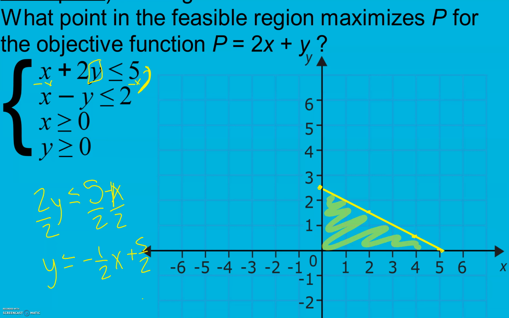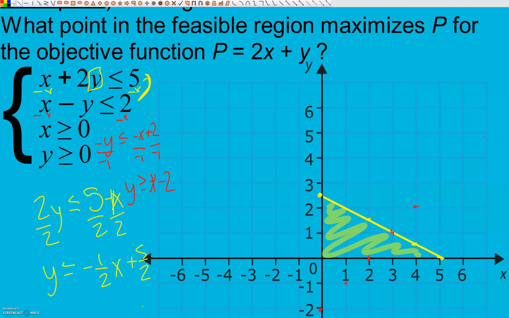Now, my second line here, I'm going to solve for y. Subtract an x. We could also use intercepts. Divide everything by -1. But when we divide by -1, remember we have to flip our inequality. So I get positive x minus 2. So I'm going to start at -2, go up 1 over 1. Keep in mind I'm only going to graph this in the first quadrant because I need x and y to be greater than 0. So for my red line, even though my intercept is at -2, I'm not going to start until I get into the first quadrant.